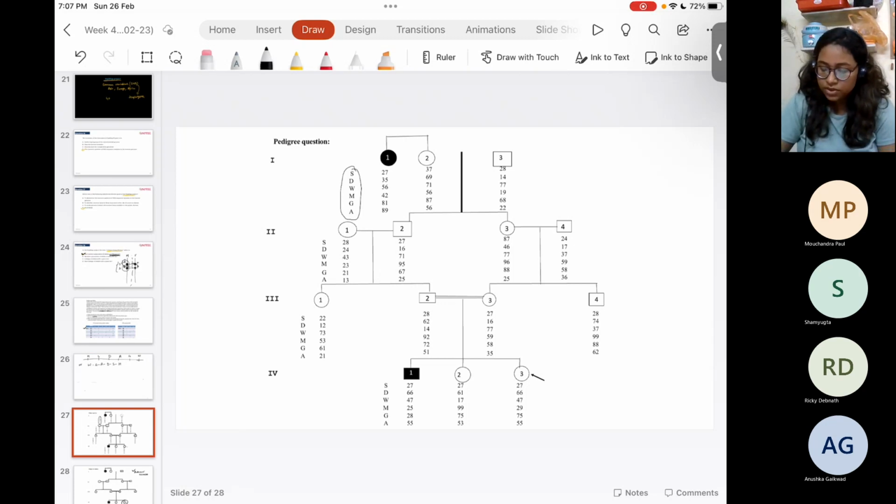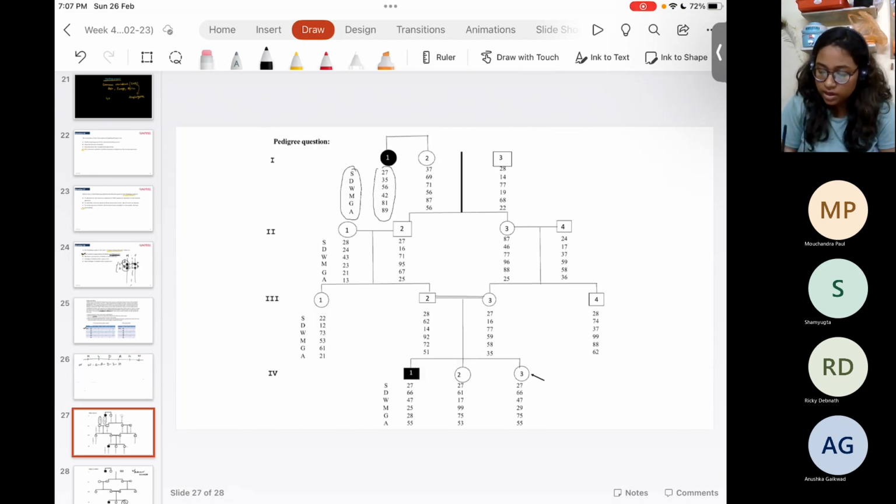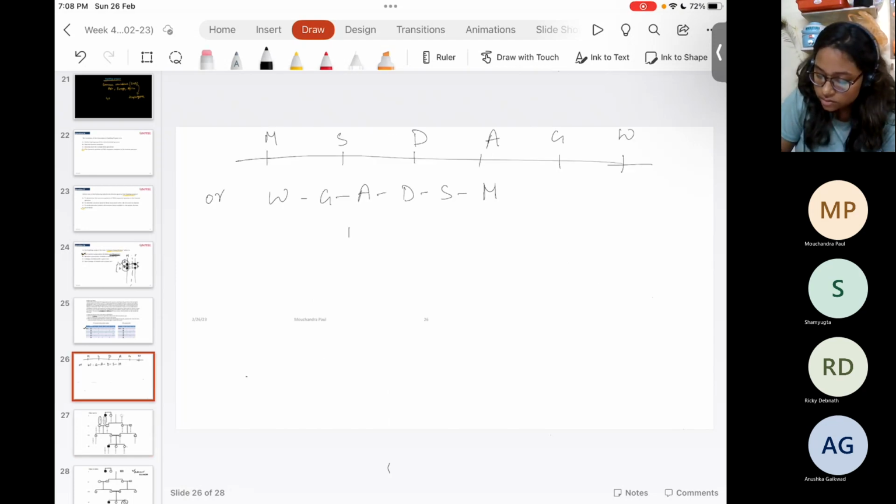We have to write these markers in the order which we have obtained. So I'm doing, let's say, for individual 1, my obtained order is W, G, A, D, S, M, or you can do it reversed as well. It doesn't matter.